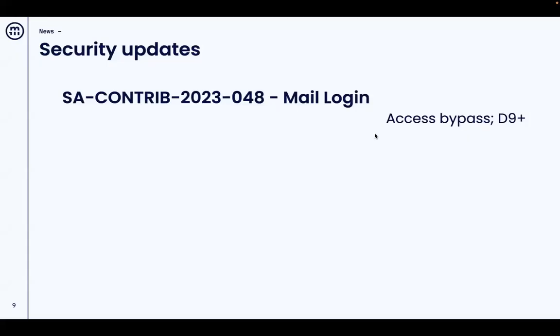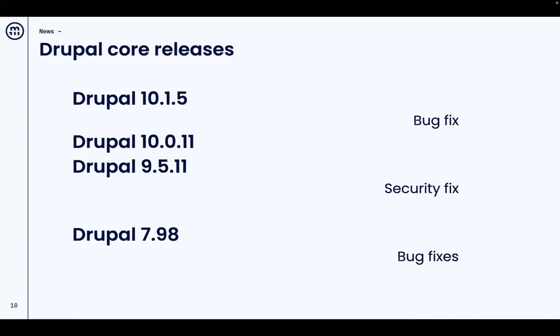So some news this week from around the Drupal sphere. There was one security update for the mail login module that fixes a bug affecting the module for Drupal 9 and above. And there was one bug fix for Drupal 10.1, a whole bunch of small fixes there.